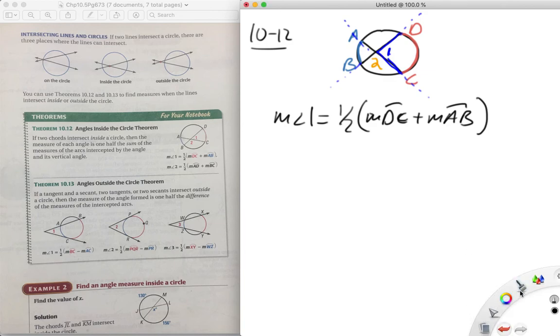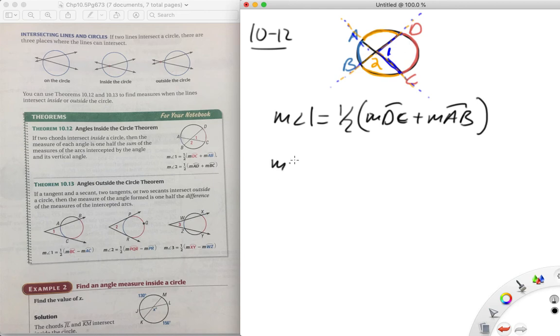If I'm looking at angle 2, angle 2 goes this way. Angle 2 goes that way. So I have this arc right here, which is arc BC. It also goes this way, and I have this arc over here as well, and that's arc AD.